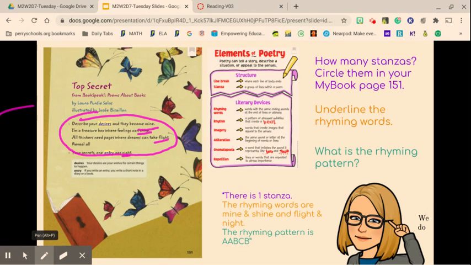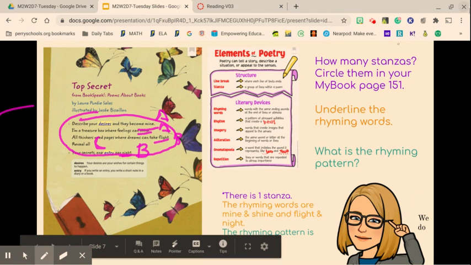My rhyming pattern is going to be A because mine, A because shine rhymes with it. Flight is 1 word, but then the next line has a completely new word, all, so that becomes C. And then night and flight, so go back to B. So the rhyming pattern is A, B, C, B.